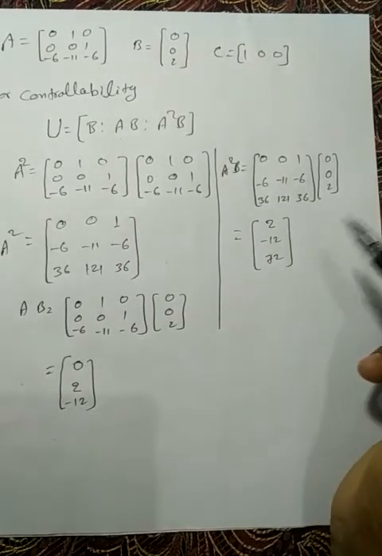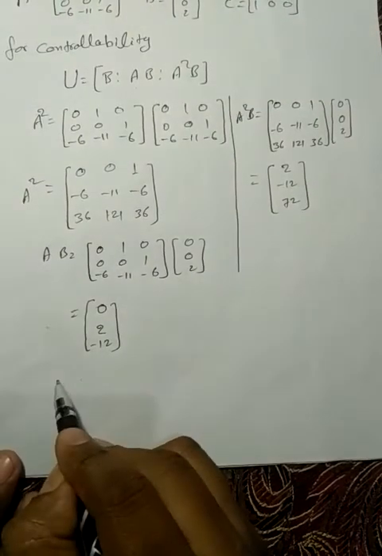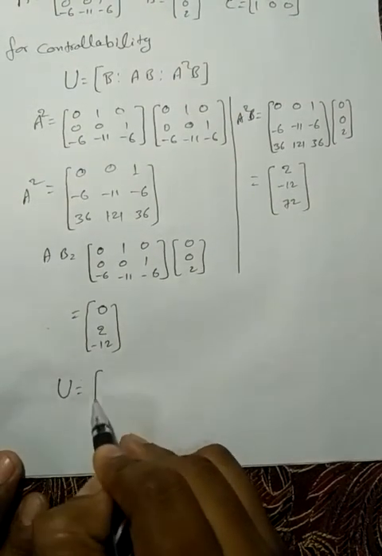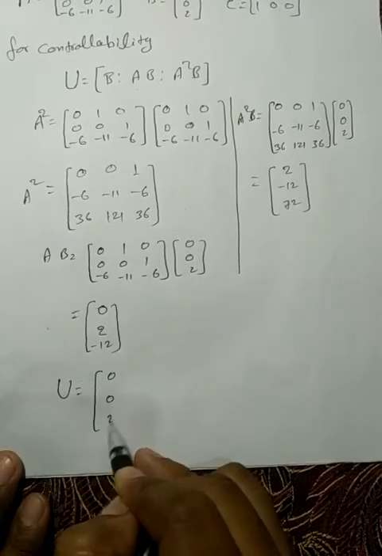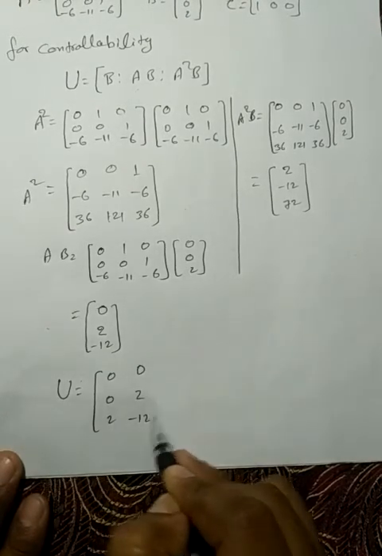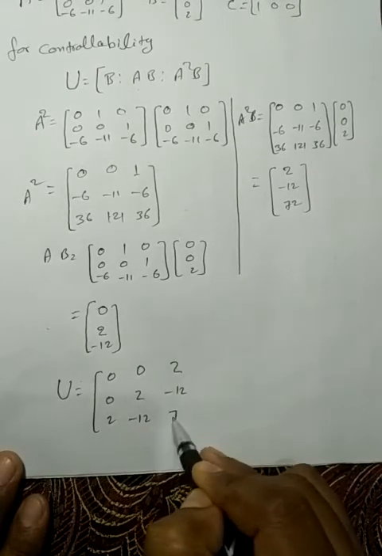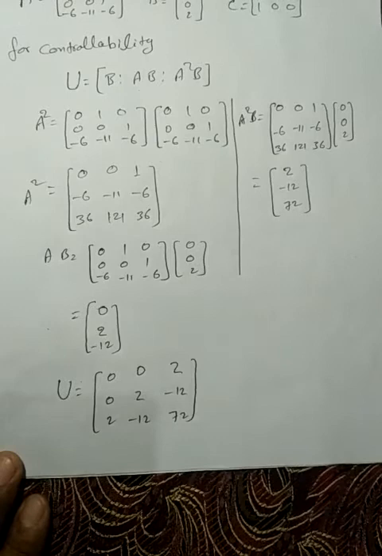This will be our A square B matrix. And now the matrix U becomes 0 0 2 0 2 minus 12 and 2 minus 12 72.